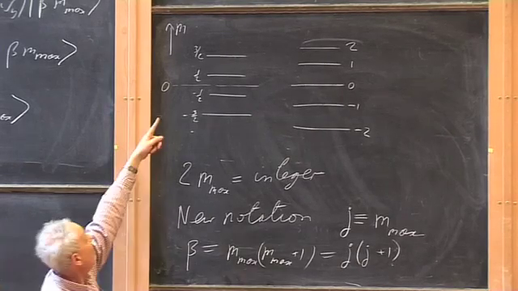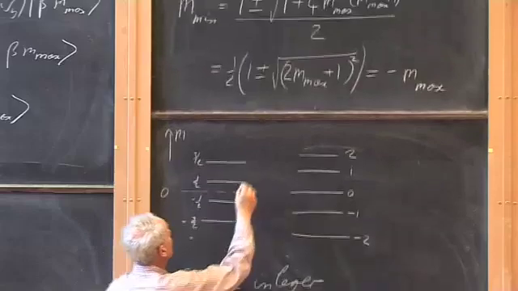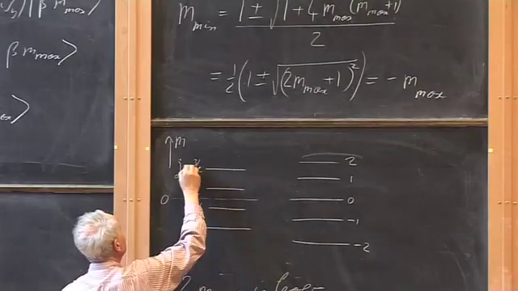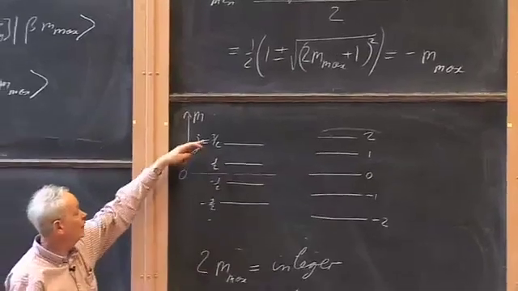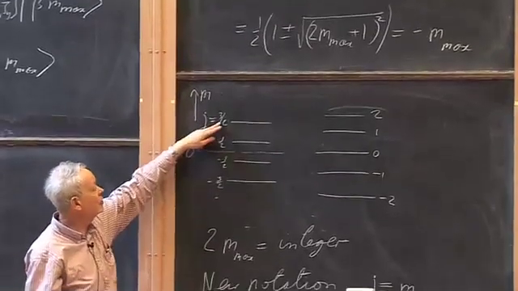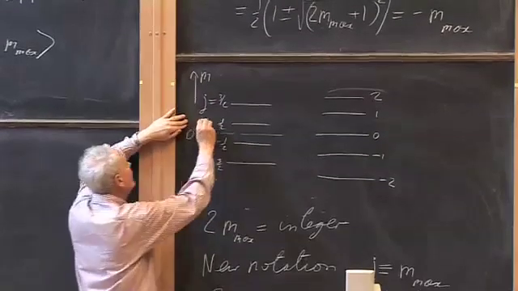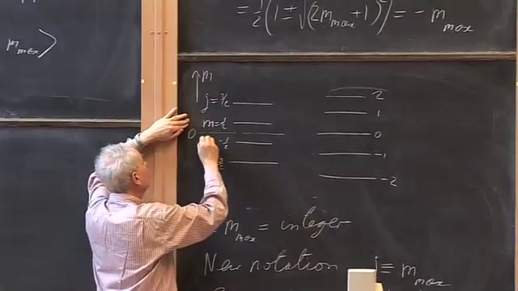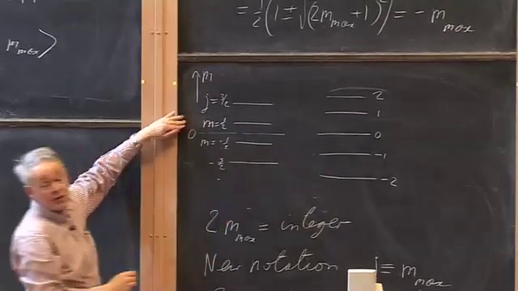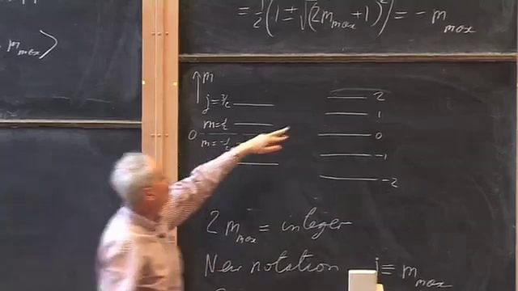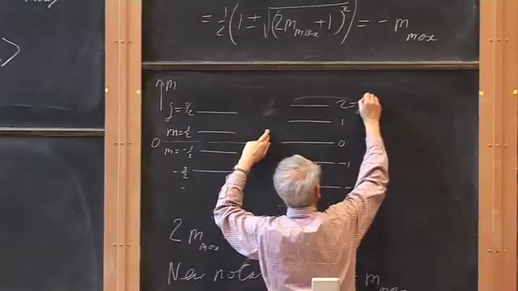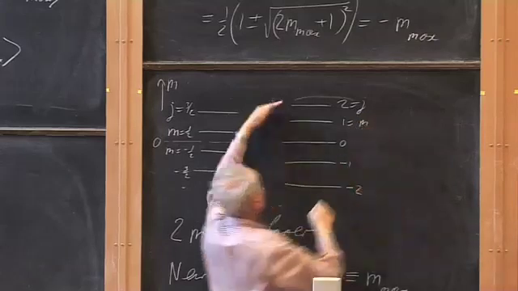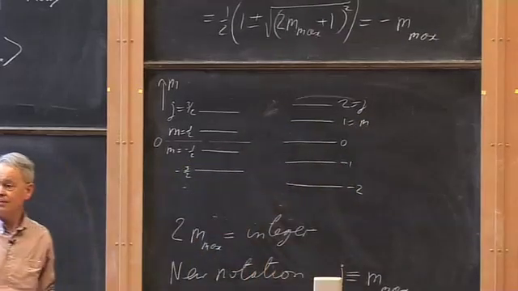So in this left-hand column, j is a half integer. All the values of j are half integers, consequently all the values of m are half integers. In the right column, j happens to be an integer, and therefore all the values of m are integers.